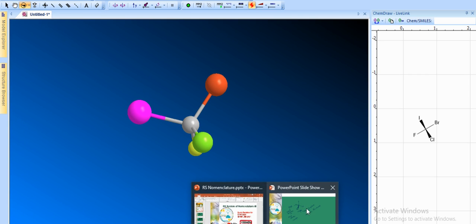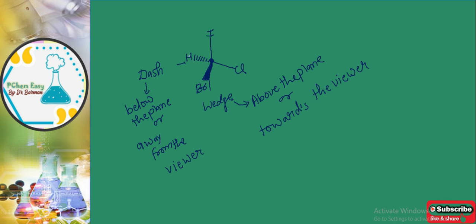So see, this one, the lower group, hydrogen, is on a dash bond. Okay, it means this is away from the viewer. It is going away from me, and the bromine is on a wedge, so it would be towards the viewer, or you can also say above the plane, below the plane.